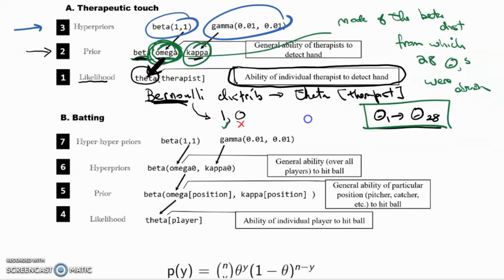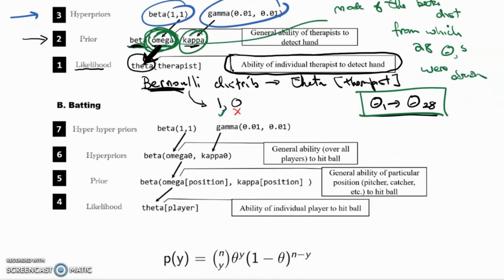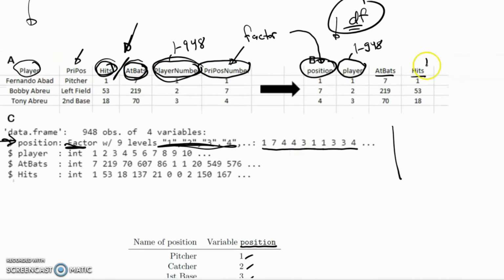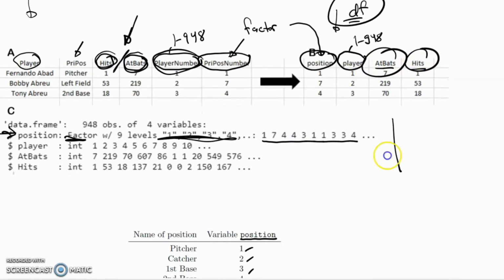Now let's think about our batting example. We begin first with the likelihood function. Up here it was a Bernoulli. In the case of the baseball example, it's going to be a binomial distribution, and what we're interested in is y, the value for hits. We've got hits and we've got at-bats.